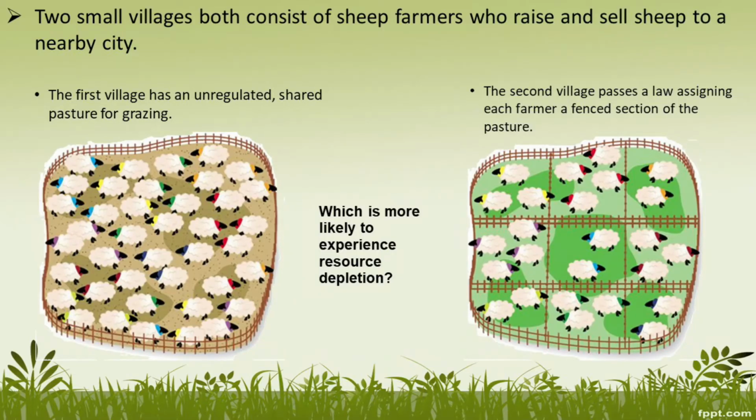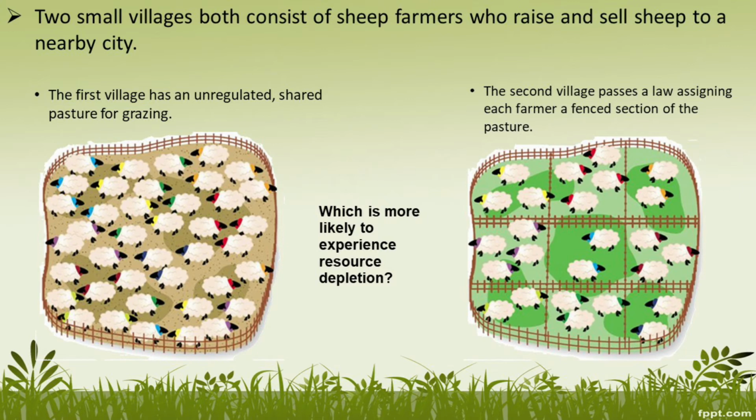In this classic example, two villages both consist of sheep farmers who raise and sell sheep to a nearby city. The first village used the area for grazing of the sheep in an unregulated way, so they are just free to use the area.